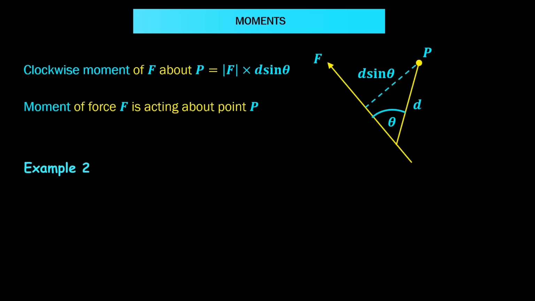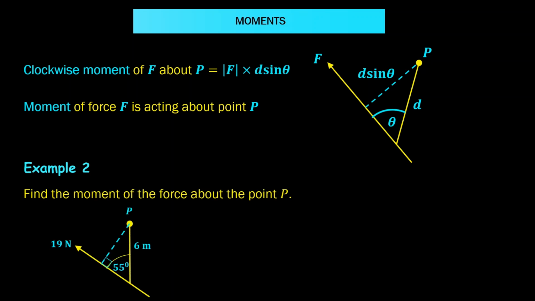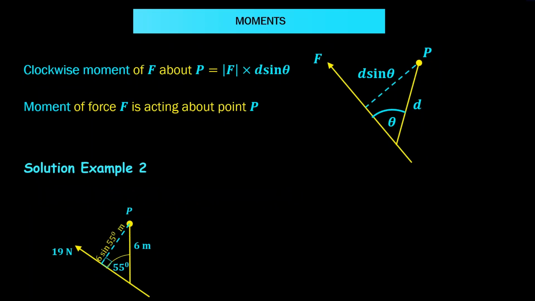Now let's take a look at another example. We are required to find the moment of the force about the point P in the diagram. So first, let's calculate the perpendicular distance, which is equal to 6 sine 55 degrees, as shown.